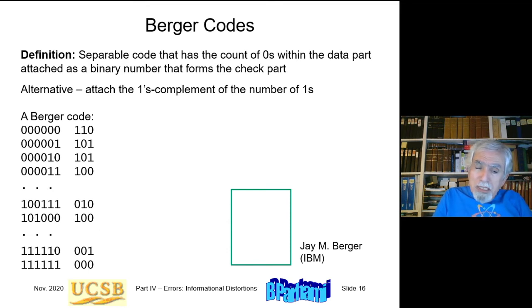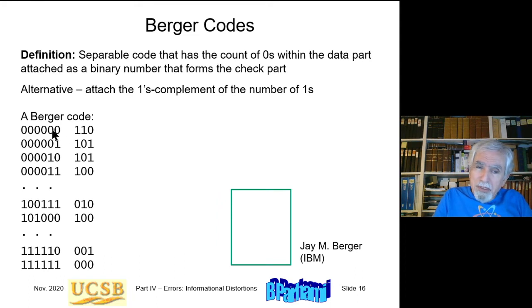Okay, why did he decide that it's a good idea to count the number of zeros and add it here? It turns out that this code is unidirectional error detecting, because if zeros change to ones in the data part, the number of zeros is decreased there, and zeros changing to ones in the check part increases the count, and therefore they will not match.